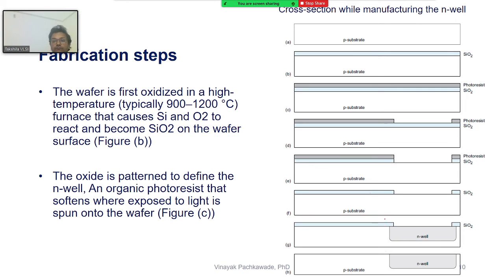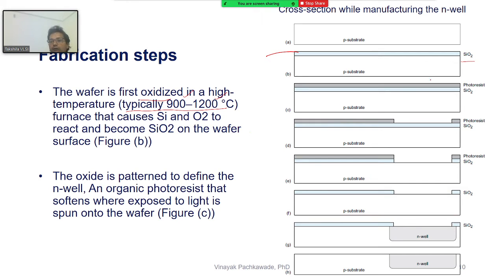Once that is done, I have already told you these are all trivial details that you may or may not want to keep detailed attention to, like when you grow the oxide, what temperatures they use in the foundry, about 900 to 1200 to grow this oxide here.